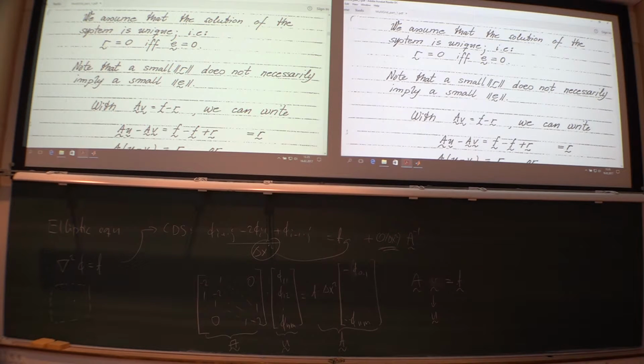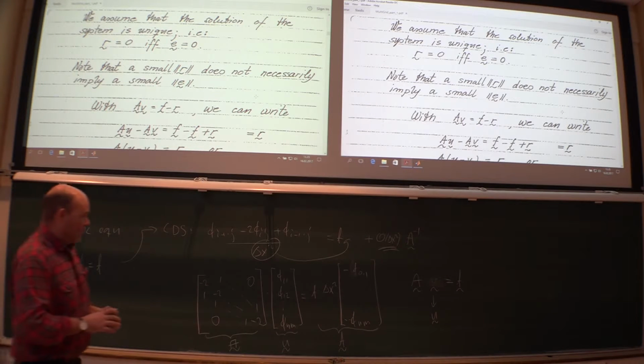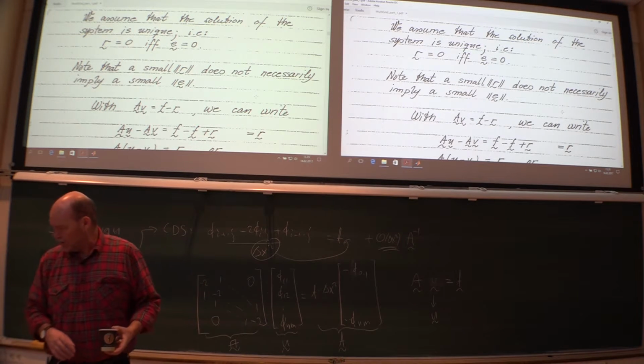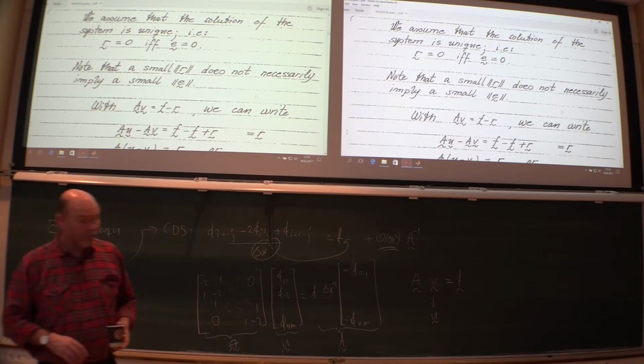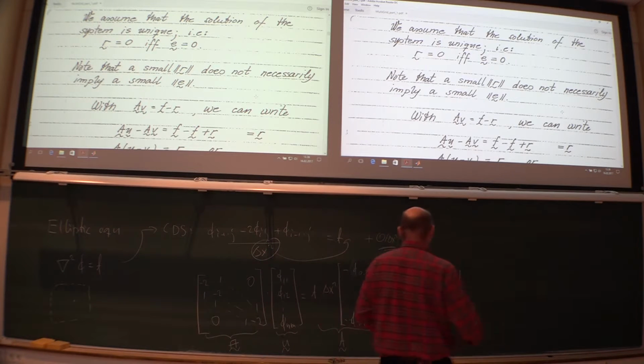The residual, the R, that can be a little bit tricky, a little dangerous to use as an indicator. How close are we now to a solution? Because the R was defined as AV minus F, no, the other way around.